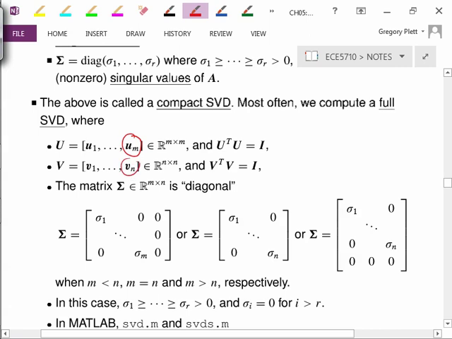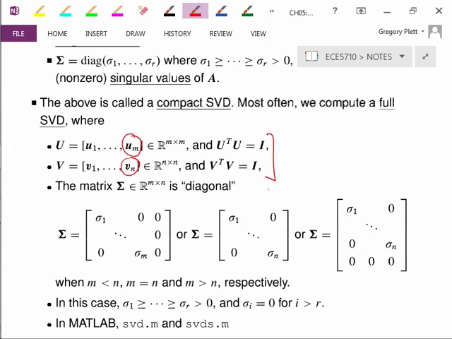V is not r wide, it's n wide, where n is bigger than or equal to r. Again, we have these orthonormal properties of U and V. And sigma is sort of diagonal. Sigma, though, has to be rectangular in size for the product to work.